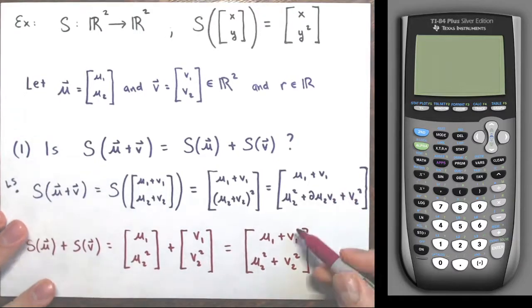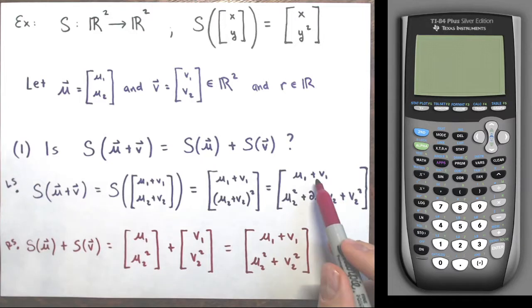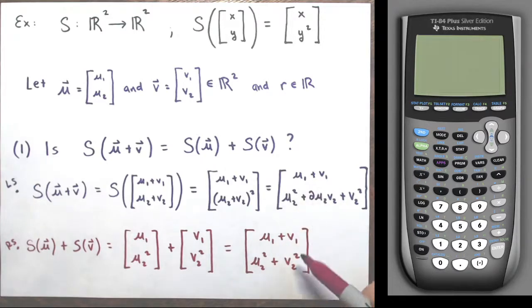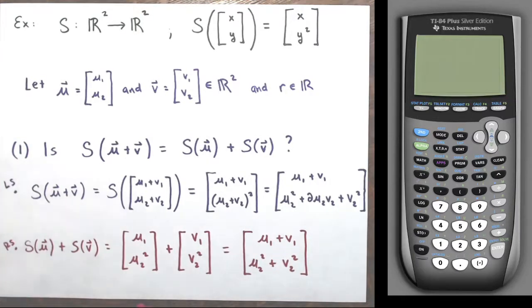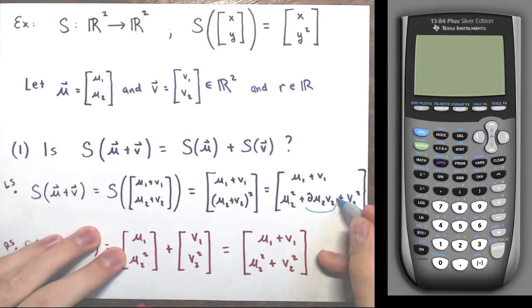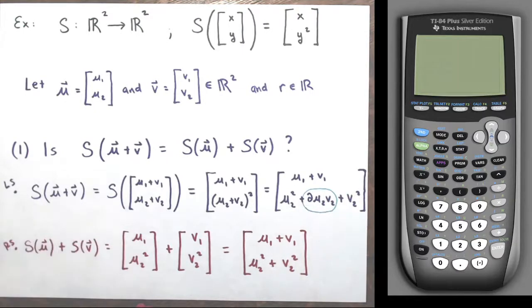And notice how these expressions, now the first components are the same, but the second components are not necessarily going to be the same because of this extra term here, right? The 2u2 v2, that's extra. So these are not always going to be the same.